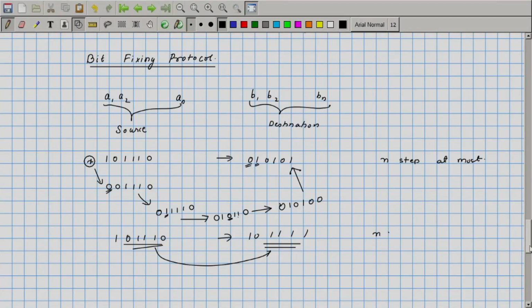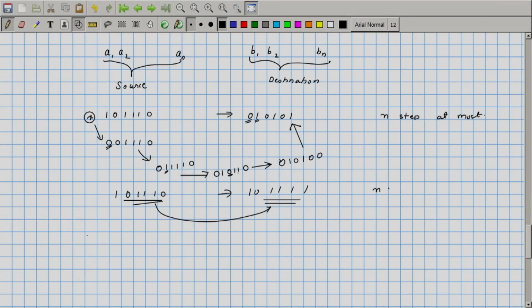For example, if this was the packet in one source and destination, and let us say another packet, say 1 0 1 1 1 0 is to be sent to 0 1 1 1 1 0.